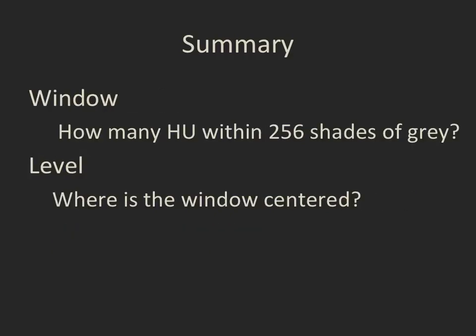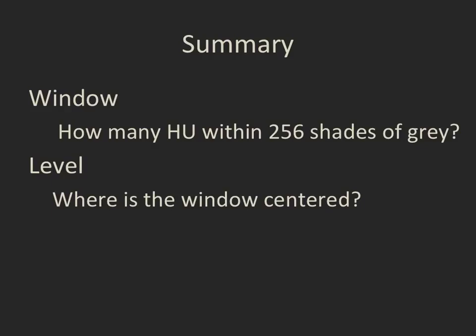A window is how many Hounsfield units within those 256 shades are going to be displayed. Anything lower than the window is going to look black. Anything higher than that window is going to look white. The level is where that window is centered in the Hounsfield units. So the window is how many Hounsfield units are displayed within those 256 shades of grey, i.e. the range of soft tissue densities, and the level is where the center of that window is.